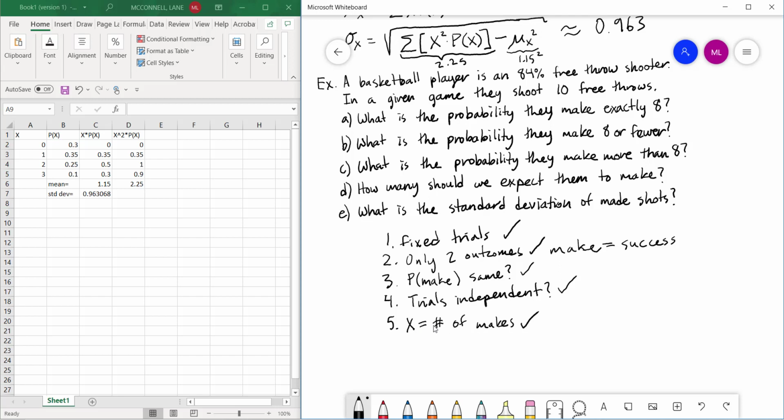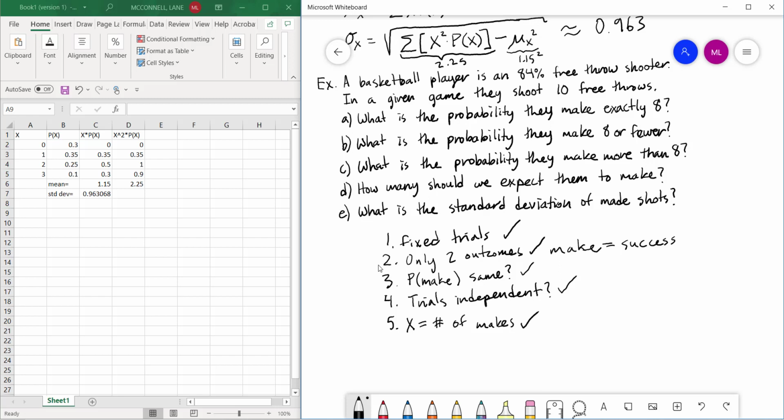We can still define our random variable x to be the number of makes. And the trials will be independent. Whether or not the last guy made his shot has no bearing on whether I'm going to make my shot. And whether I make my shot has no bearing on whether the person after me is going to make their shot. So the trials are still independent, but the probability of success is going to be different.